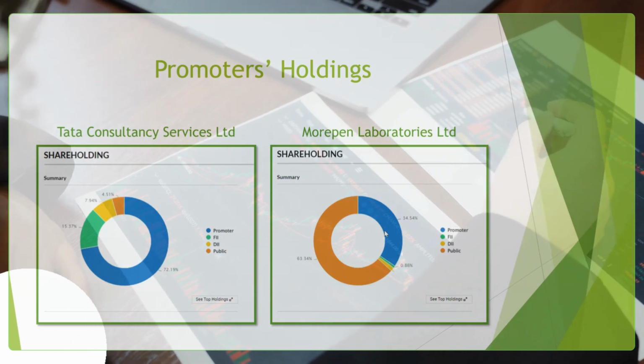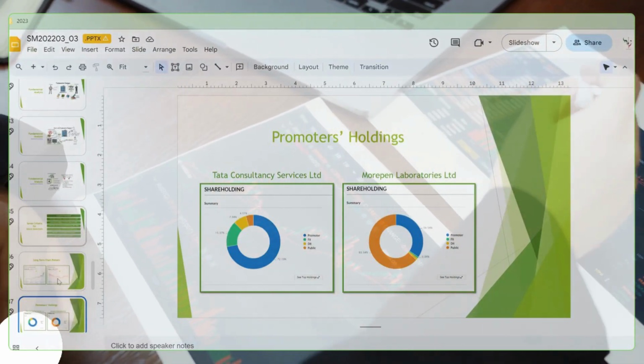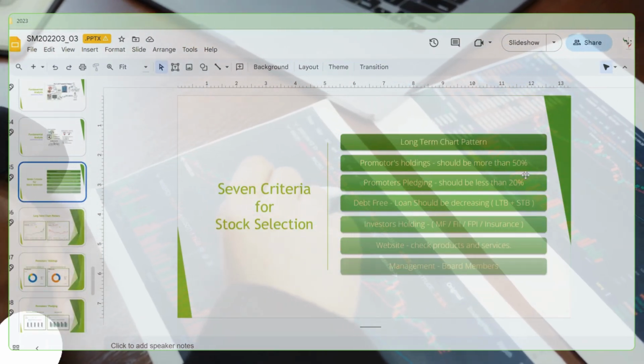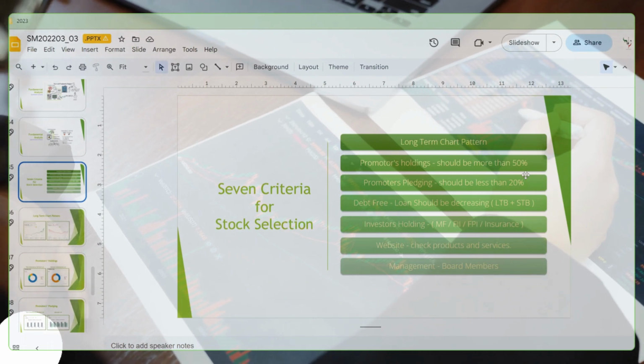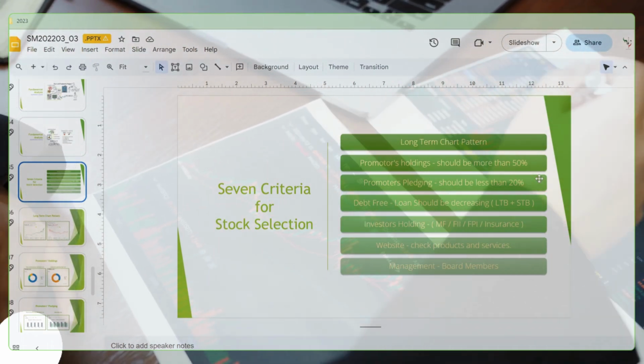So we should go for companies whose promoter share percentage is more than 50%. That is considered good. But also understand this is not a rule written in stone. We should use other parameters also.